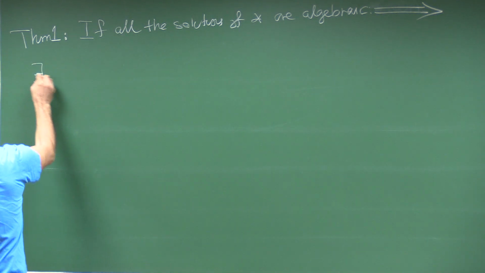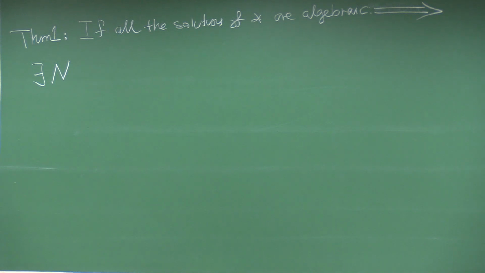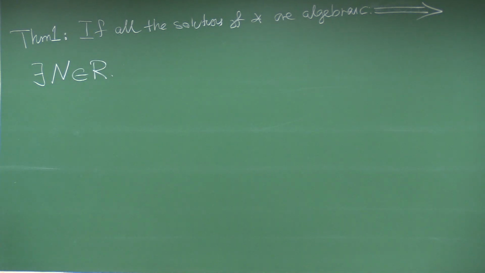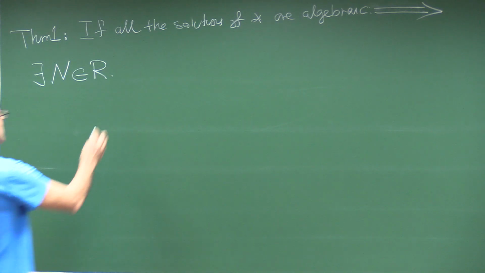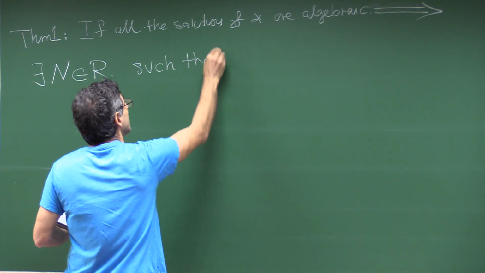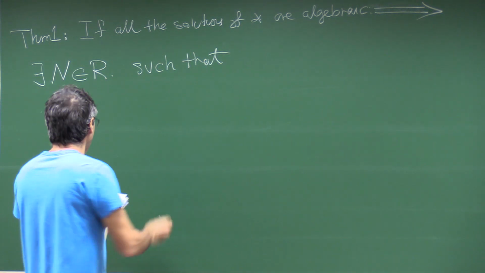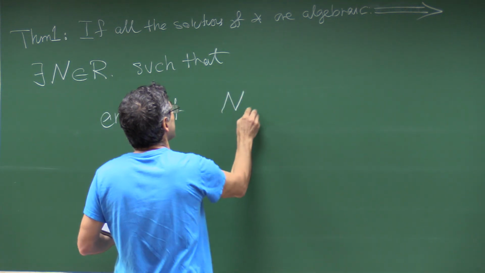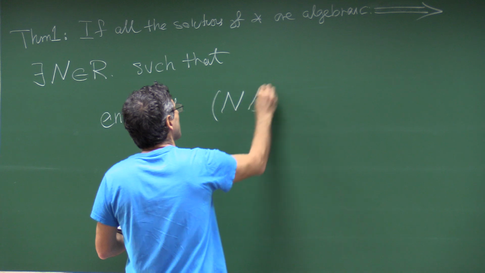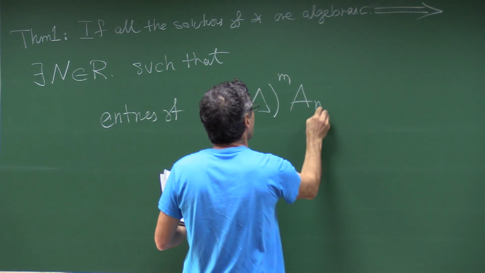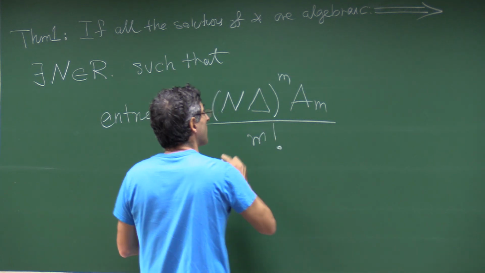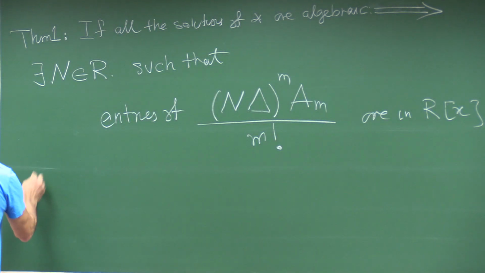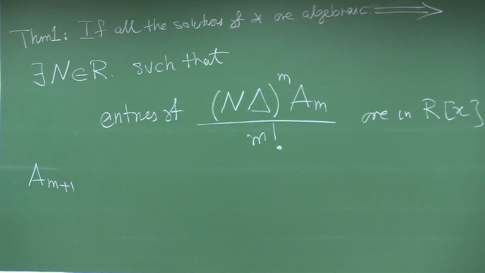Then there is some n in this ring, or maybe if you take some integer, such that entries of, maybe I write, n delta, and then a_m n, in R[x], and then what is a_m? These a_m are recurrently given by this one.